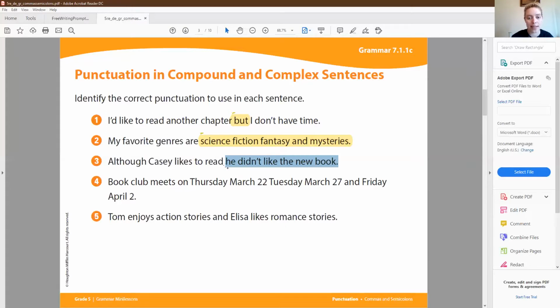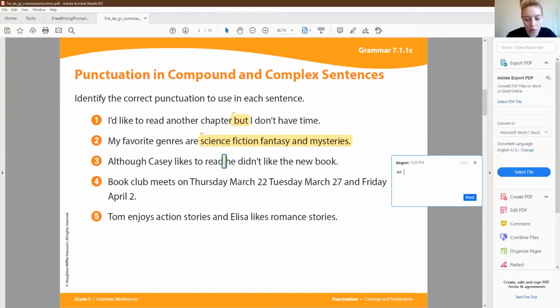Remember, our complex sentence needs to have a comma between the independent and the dependent. So our comma is going to go right there in this sentence, okay? So I'm going to rewrite the sentence with the comma.